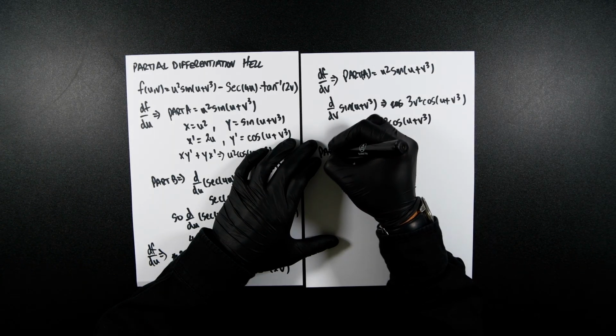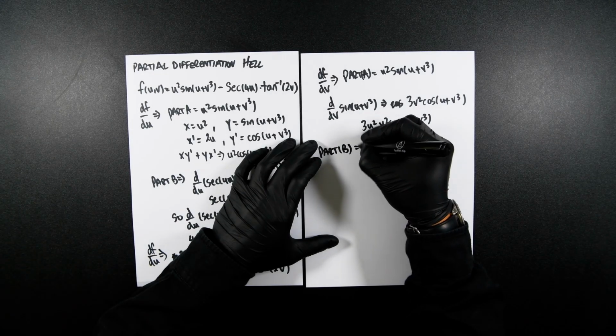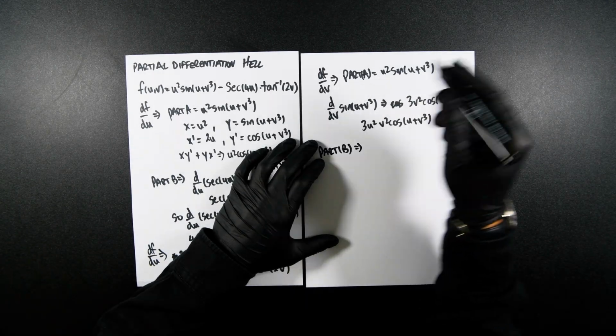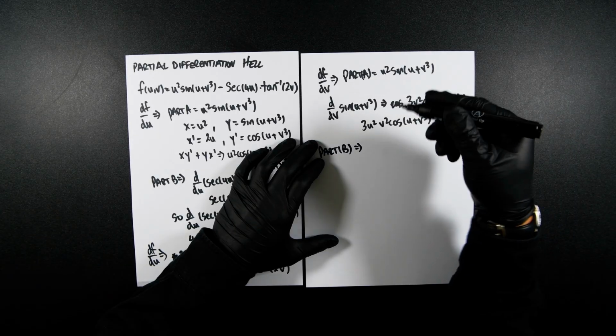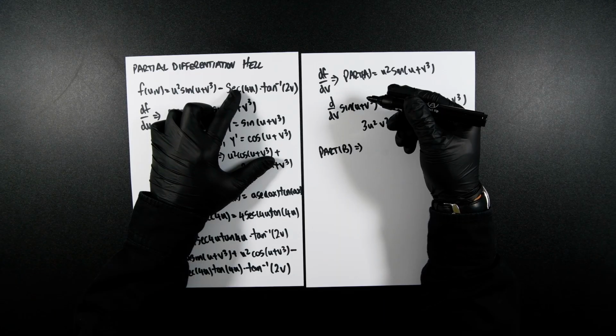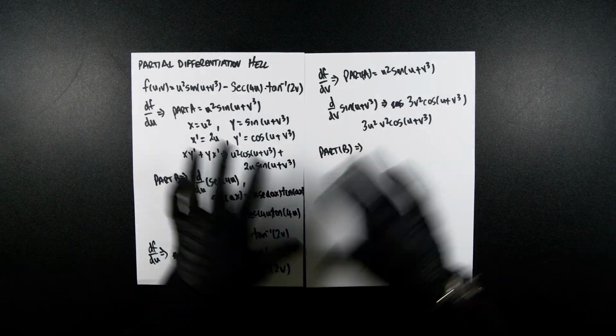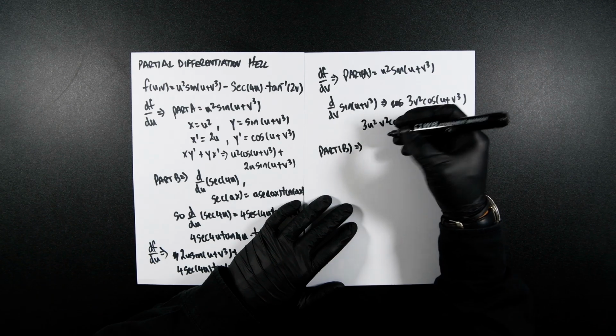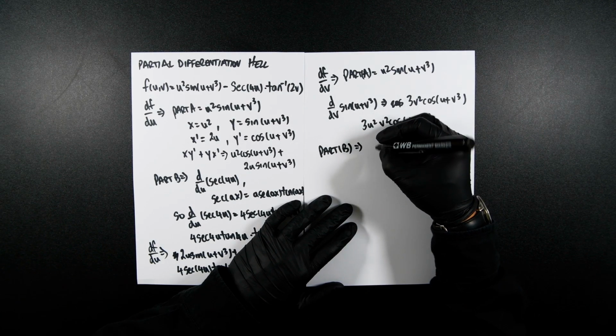So now for part B, we're going to look at this bit. Obviously, sec 4u contains a u term, so we're ignoring it. We're only going to be differentiating tan minus 1 2v.